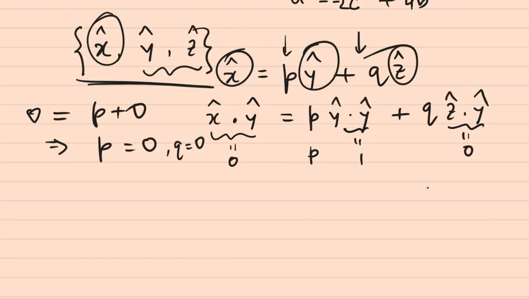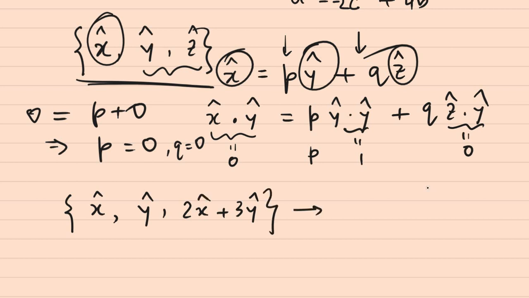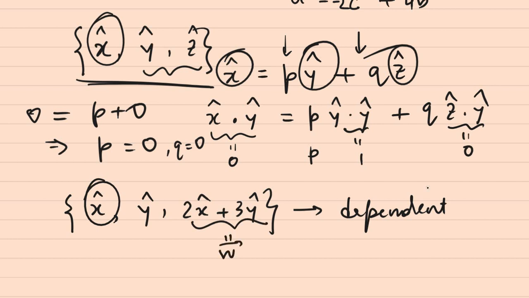However, had I chosen this set, x hat, y hat, and then 2x hat plus 3y hat, this set is linearly dependent. Do you understand why? Because you can take any vector. For example, I could take the third vector and call it w. I can express x hat with the help of y hat and w.